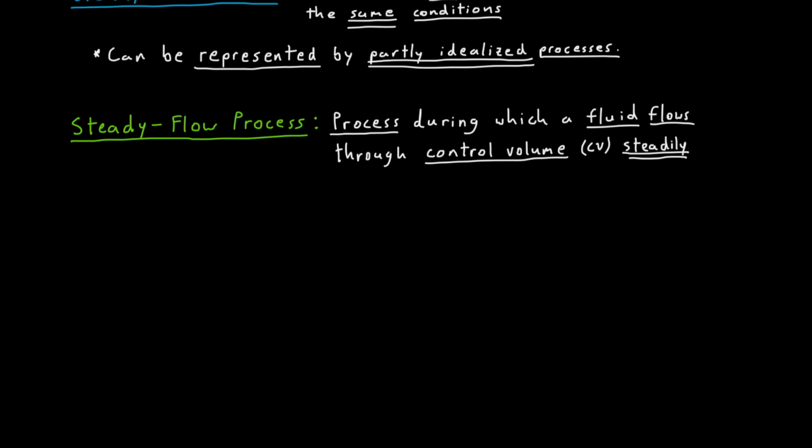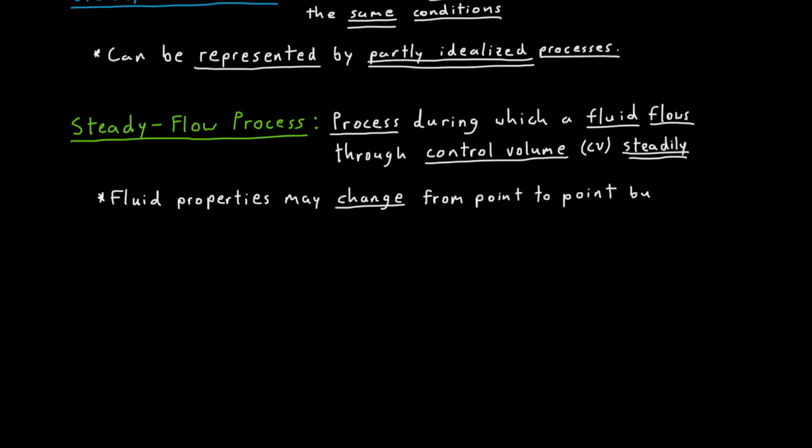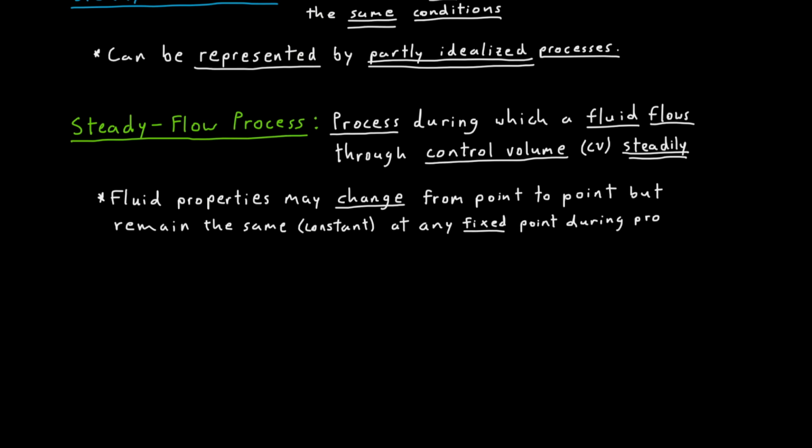And now a key thing to keep in mind here is that fluid properties in a steady flow process may change from point to point, but they remain the same or constant at any fixed point during the process. So again, fluid properties can change from point to point, but they remain the same at any fixed point throughout the process.